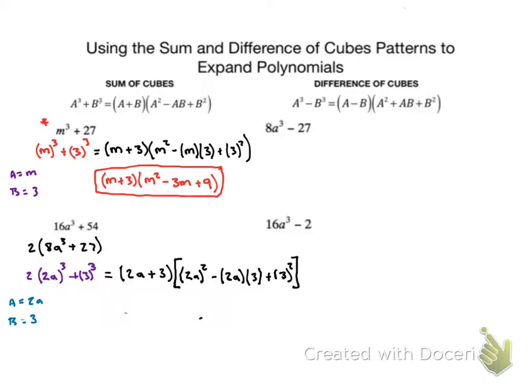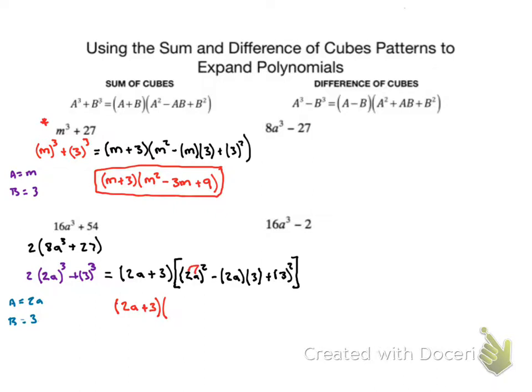And now we've got to simplify. If we look at the first parenthesis, there's nothing we can simplify there. That's just 2a plus 3. We are going to rewrite this: here's my 2a plus 3. For my second parenthesis, I'm going to start simplifying the brackets.